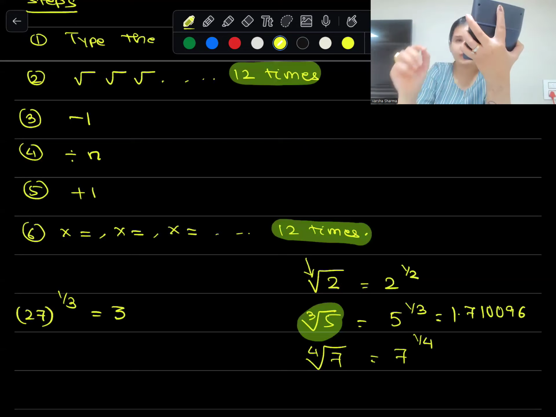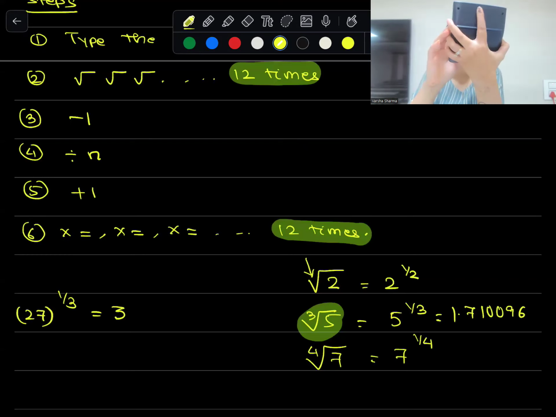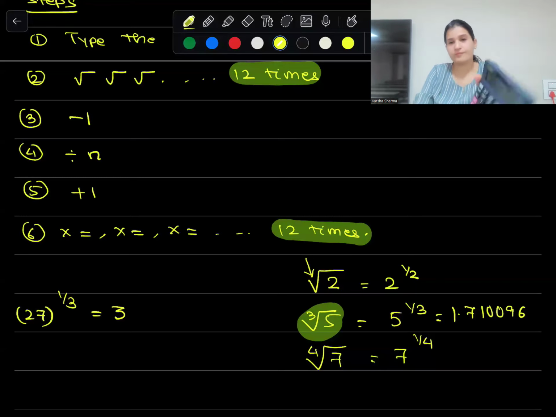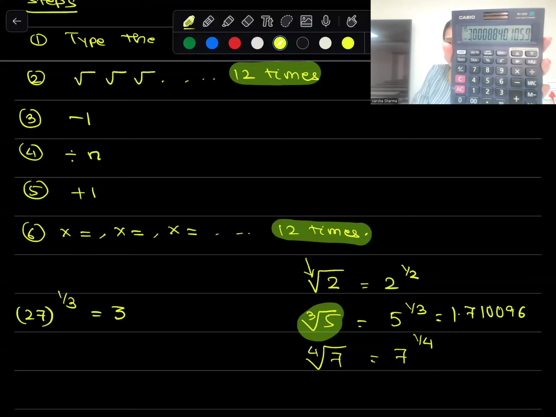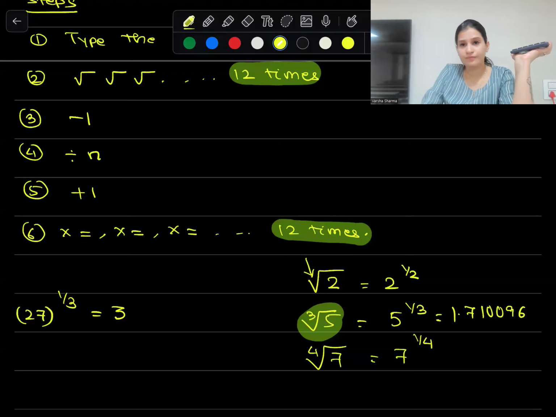Oh, sorry, I pressed 1 extra time. This is what I've got: 3.0008, which is approximately 3.